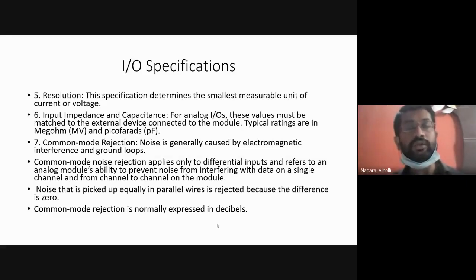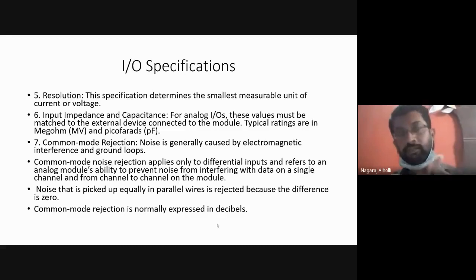To eliminate or decrease these noise signals, the common mode rejection technique is used. Common mode rejection technique is where we employ differential inputs. Differential inputs means, for example, if we are using 2 parallel wires, and in those 2 parallel wires the noise being picked up is equal.